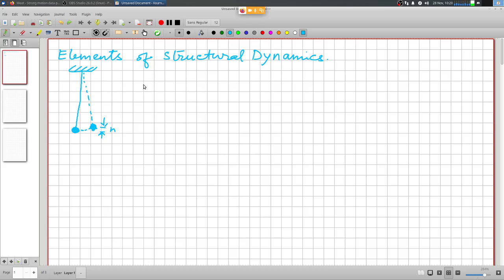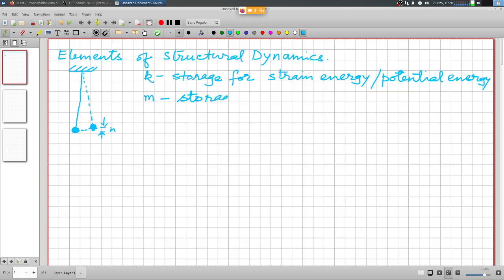So we need to have storage for strain energy, or potential energy, and then mass, that is the storage for kinetic energy.